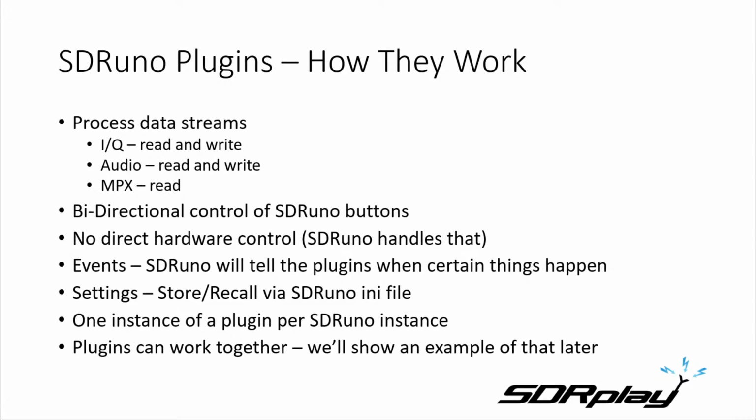The audio stream can also be read from SDRuno for things like the audio recorder, and it can also be written back to, a good example of which is the audio Equalizer plugin. And then we have the MPX Output, which we have a plugin specifically for, that takes the MPX outputs directly from SDRuno and into applications such as RDS Spy. And we'll show you some plugins shortly that demonstrate all of these features.